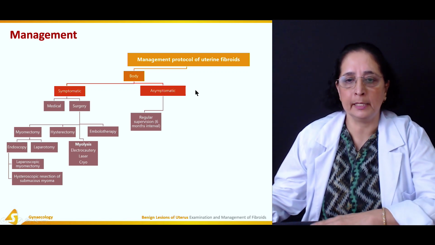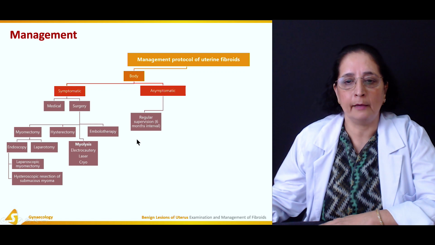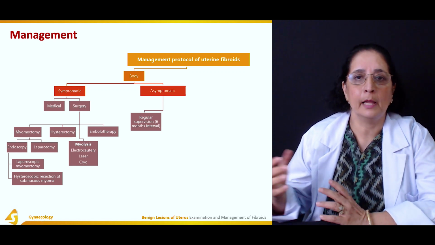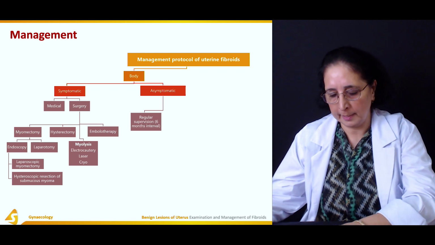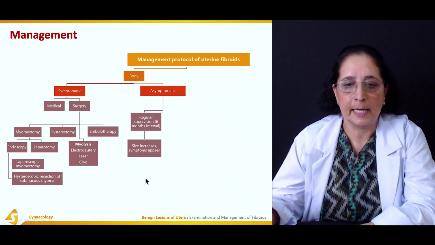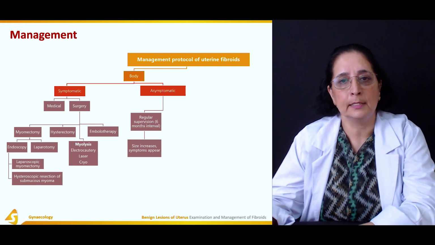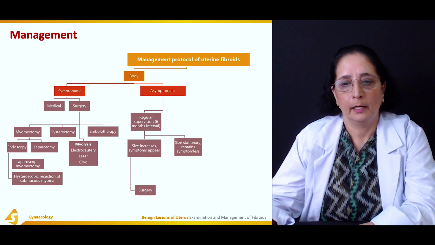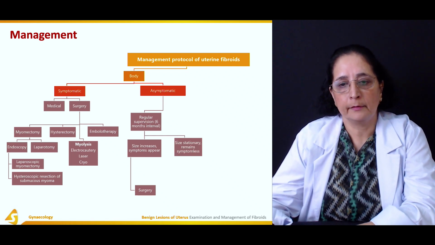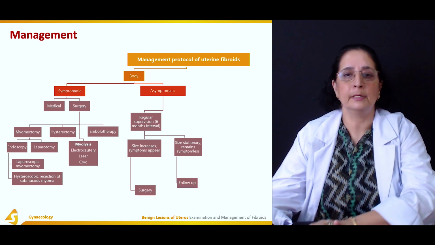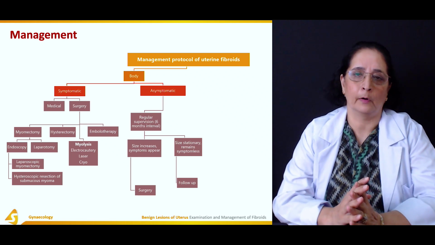Then asymptomatic patients usually have regular supervision. Regular follow-up is important, every 6 months. And depending on whether the size is increasing or symptoms appear, then we do surgery. If size remains stationary and patient is symptomless, then follow-up is important.